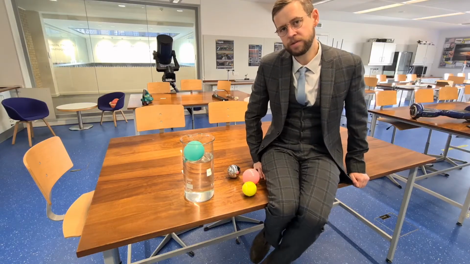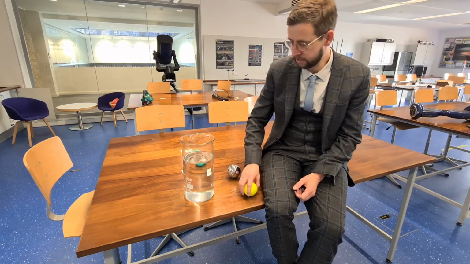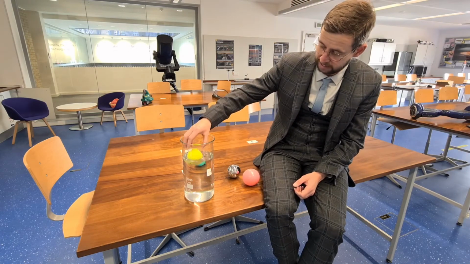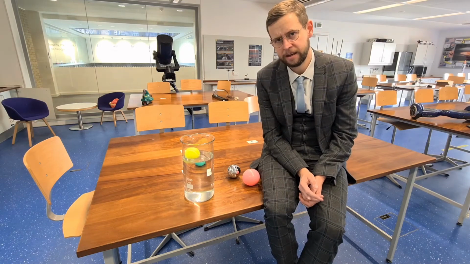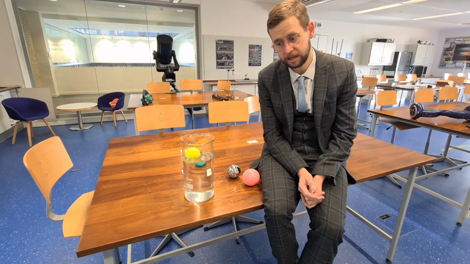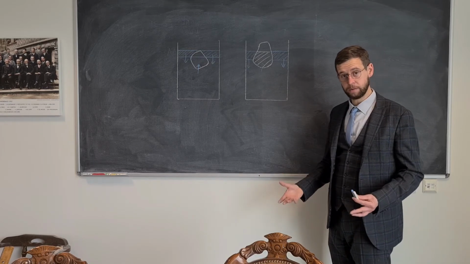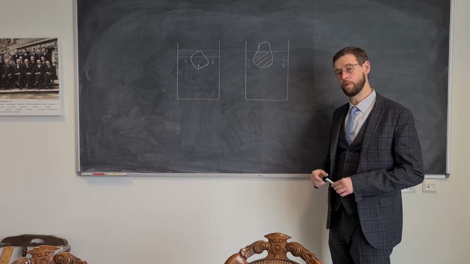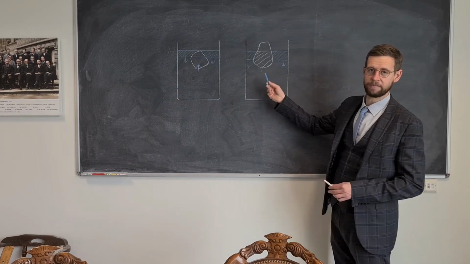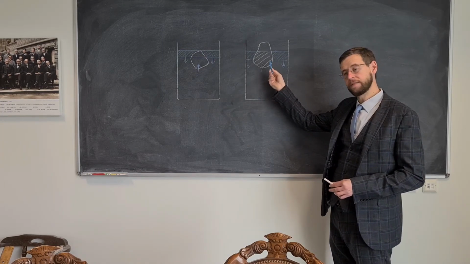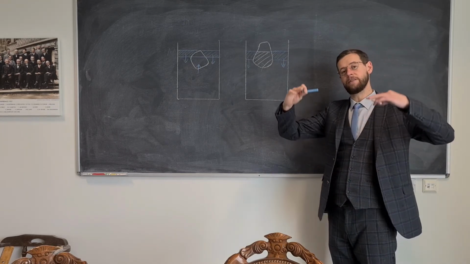But there's a subtlety here. What determines the height in the water that an object will float at? If you see this, half of this is underwater and half of it is above the water. Well, when the iceberg is in the water, some of it is underneath the water and some of it is above the water. And what you can see here is a diagram of that. Now, the presence of this iceberg has displaced some of the water, so the level has risen.